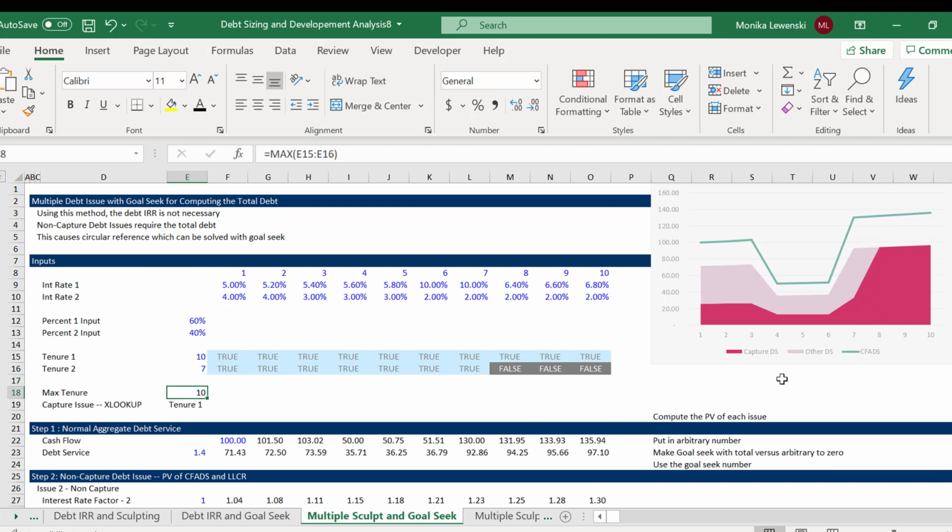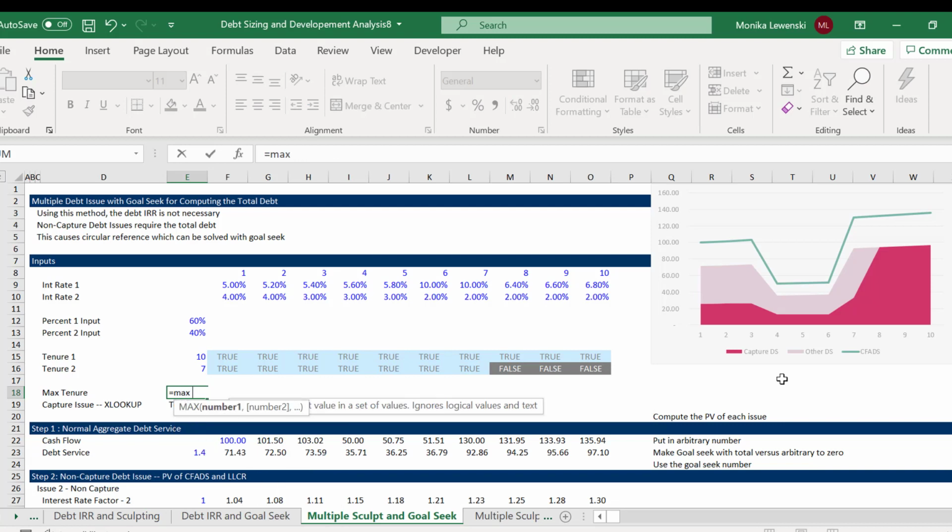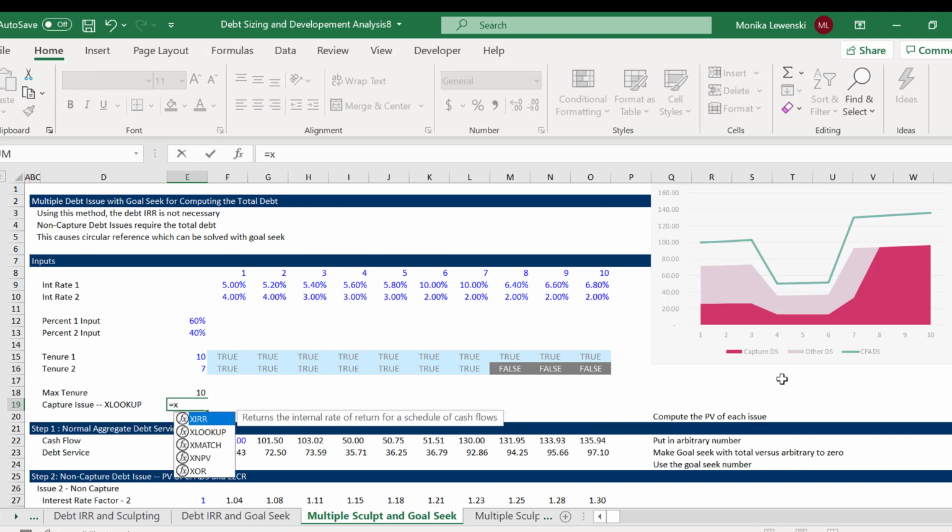So this debt is the capture debt. So the first thing to do is figure out which debt has the longest tenor. We can just put a maximum of the two tenors for now. And then we can use XLOOKUP, and I'm going to start using XLOOKUP for everything. There's no reason not to. Maybe it makes models heavier. I hate this heavy model shit.